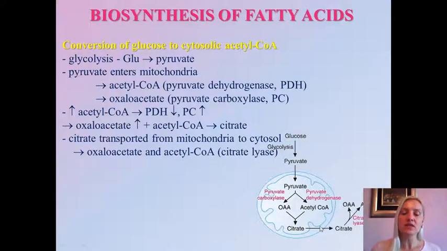Then citrate is transported from mitochondria to cytosol, where citrate can be degraded to acetyl coenzyme A, this time cytosolic acetyl coenzyme A, and oxaloacetate again by the enzyme citrate lyase. So this is the way how glucose can be converted to cytosolic acetyl coenzyme A, which is going to enter the biosynthesis of fatty acids.